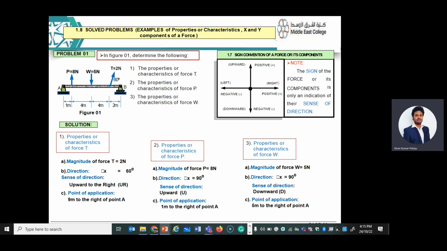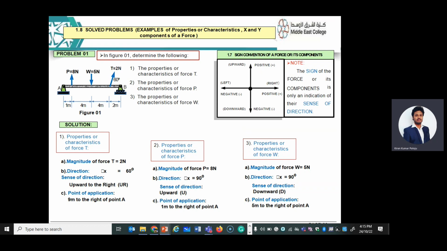And for the second point, what is the magnitude? 5. And what is the angle? 90, because it is exactly coming down. So it is 90 degrees. And what is the direction? This is for P. Since it is straight upward, 90 degrees.